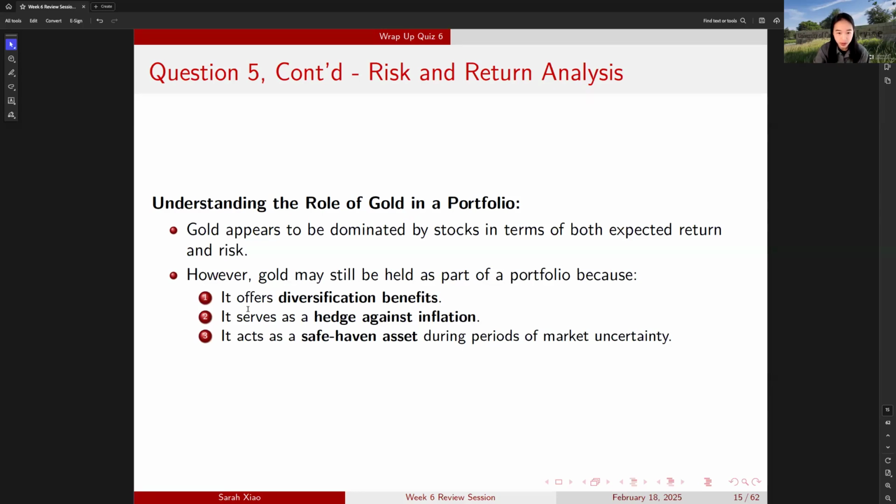Because when you add gold to the portfolio, you are not only holding stocks or other financial assets, you are adding a diversification tool. It also serves as a hedge against inflation because of its relatively stable value. Thirdly, it acts as a safe haven asset during periods of market uncertainty.